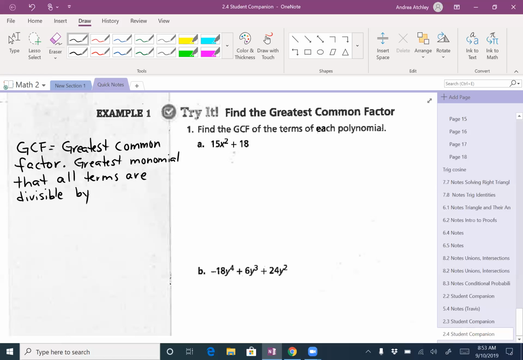Remember, a monomial is a number, a variable, or a combination of the two. So any numbers or variables, they can all be divided by.